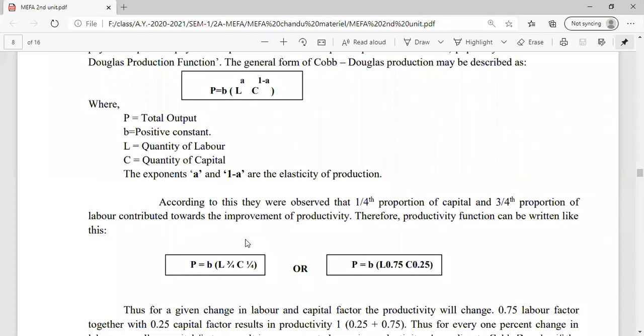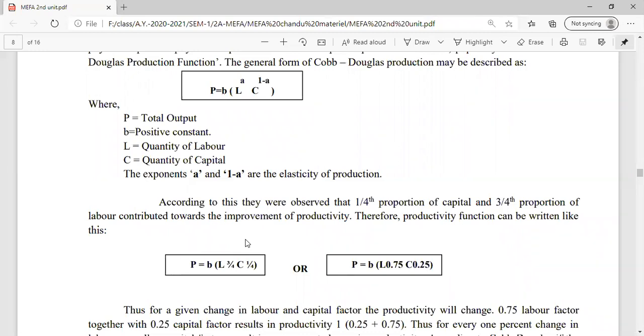So what it means is, if you are producing something already and you want to improve your productivity, you have to increase your capital by one fourth of the existing.